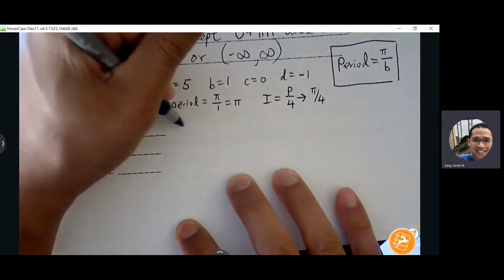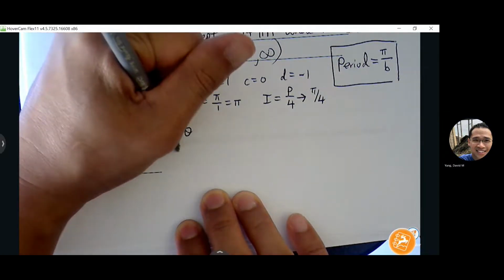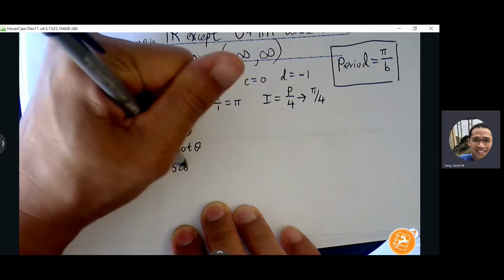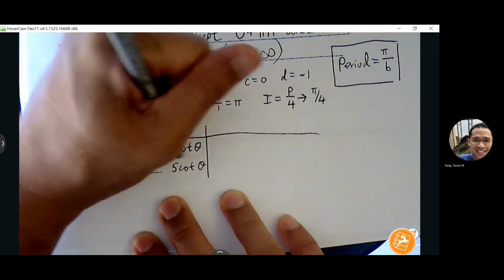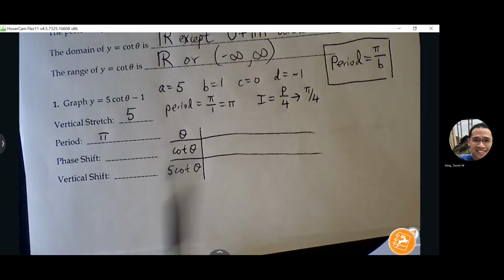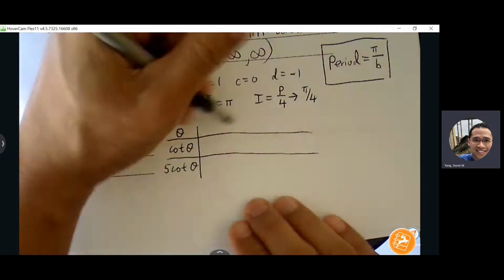Okay, so here's our theta, cotangent theta, 5 cotangent theta. Create a table just like how you normally would. And guess where we start? 0. Yep. So 0.